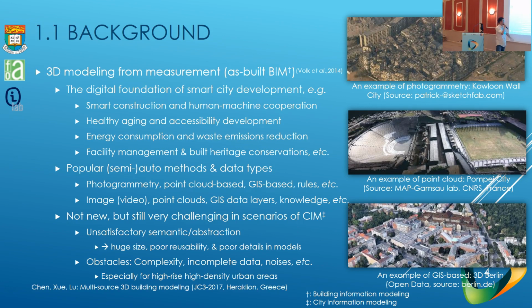reduction, effect, and heritage. And the popular methods, as you may know, include a lot of semi-automatic methods such as photogrammetry. The upright photo is an example of models from photogrammetry. It's mostly color. Another is point-cloud based.